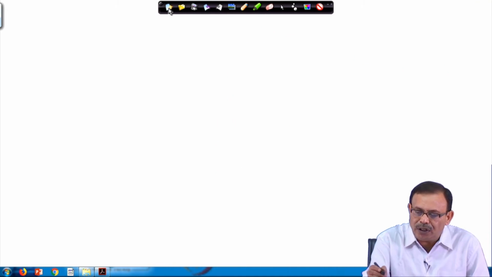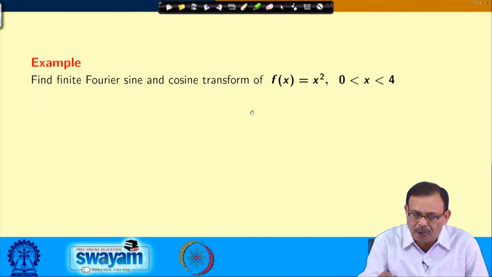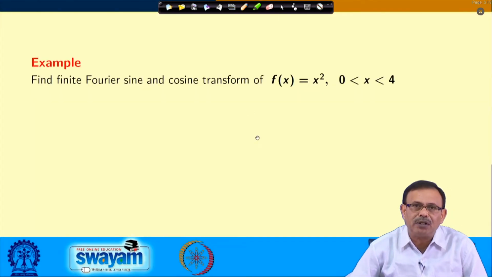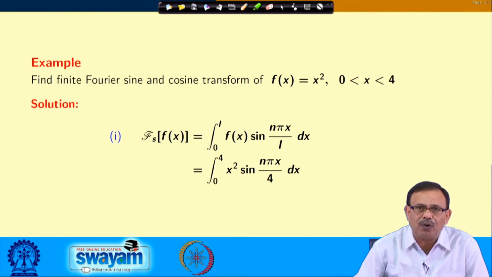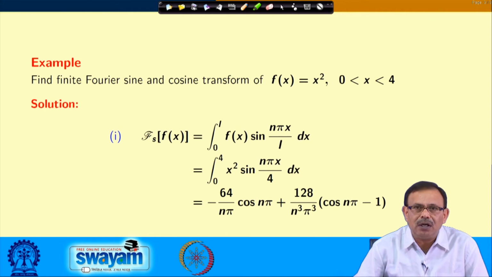Let us see once: I am writing the integral from 0 to L of f(x) sin(n pi x by L) dx, where L is 4 and f(x) is x square. If I evaluate the integral, I will obtain this particular result.